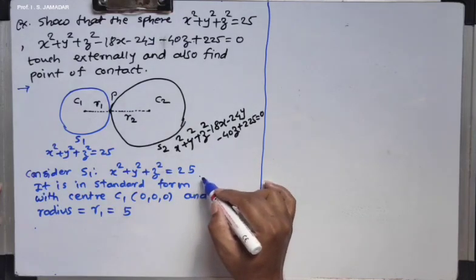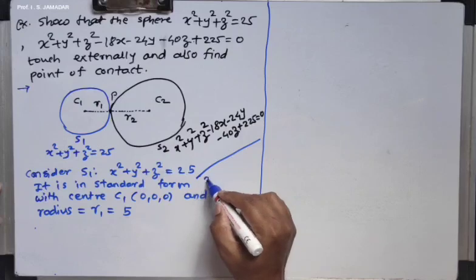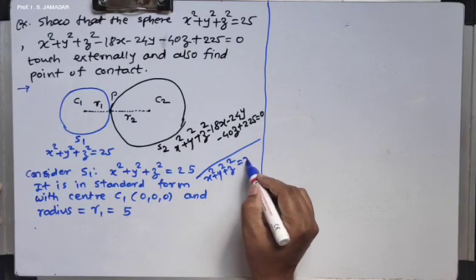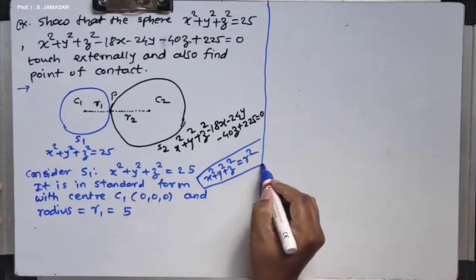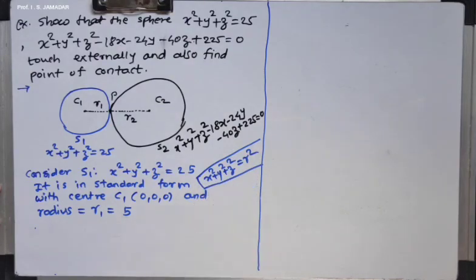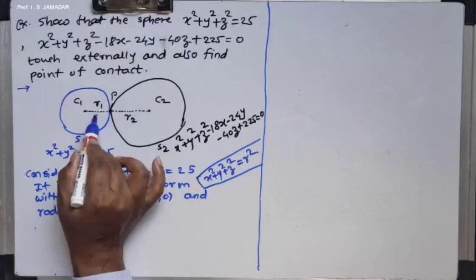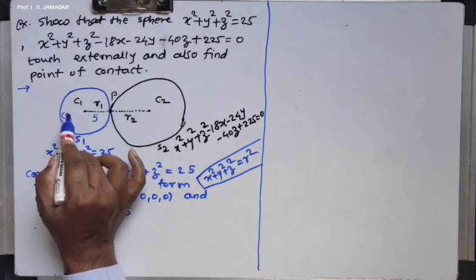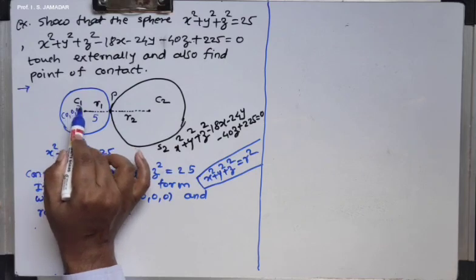So what is the standard form? The standard form is x square plus y square plus z square is equal to r square, the equation of a sphere with center at origin and radius r. This is about the first sphere. So put it in the diagram: R1 is 5 and center C1 is (0, 0, 0).